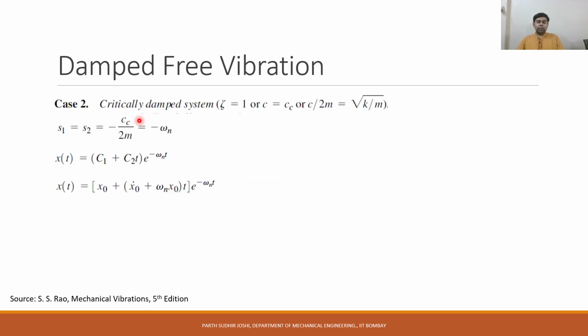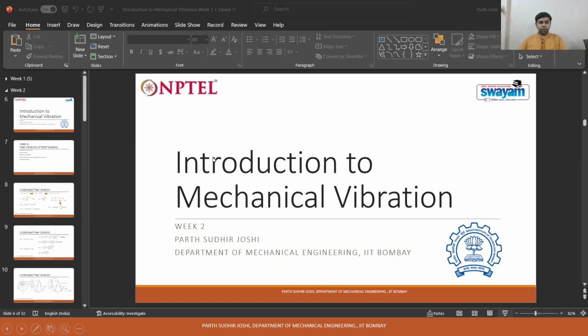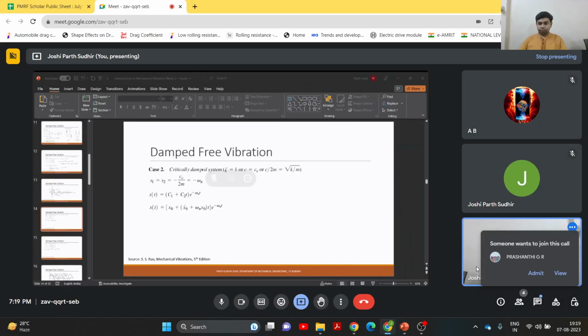Now the second case is critically damped system, where zeta is equal to 1, or basically the damping present in the system is the same as the critical damping. In that case, we have two equal real roots, and we get the resultant displacement in this form: C1 plus C2 t into e to the power minus omega n t.